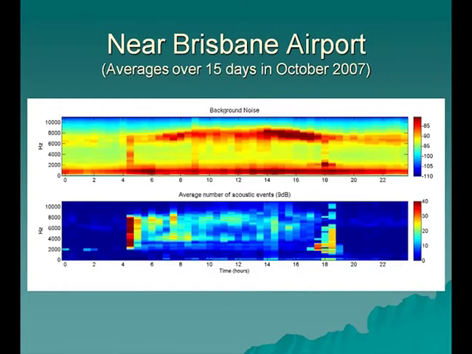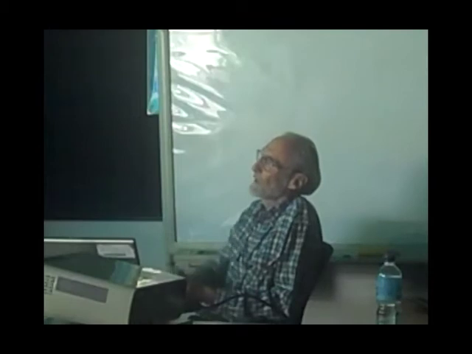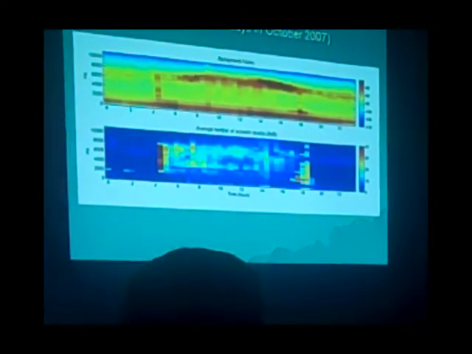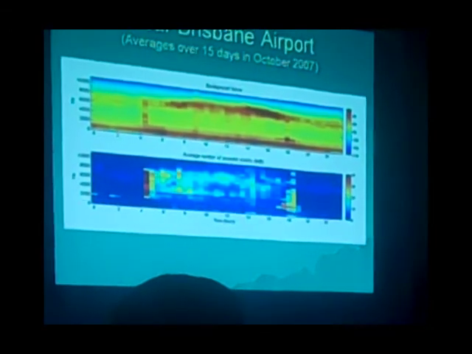The top graph is the background noise, and the bottom graph is the number of acoustic events that, if you like, are dotted in the landscape. Near Brisbane Airport, you'll see that we have a lot of acoustic energy in that low frequency area, and that's because there's a motorway nearby, so that's essentially reflecting motorway noise.